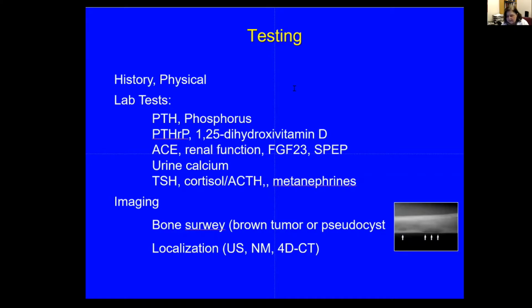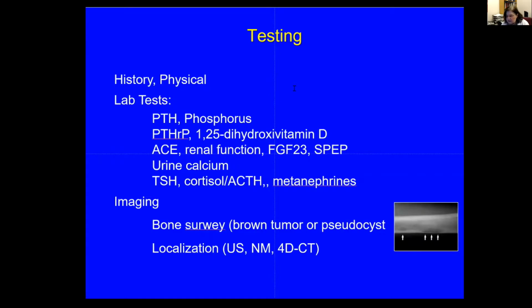I order lab tests. The most useful ones are PTH, don't forget phosphorus, PTH-related peptides, 1,25 dihydroxyvitamin D, ACE, renal function, FGF23, SPEP, urine calcium, hormone levels, TSH, cortisol, ACTH, and metanephrines.